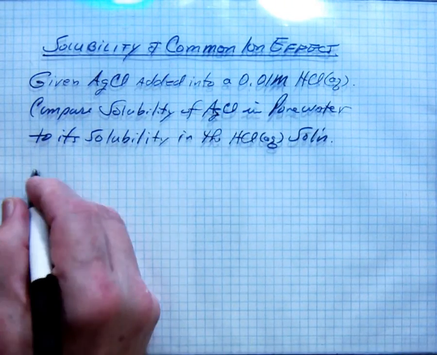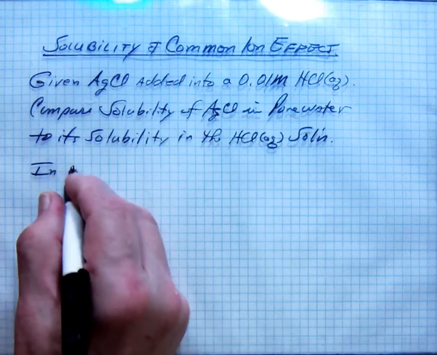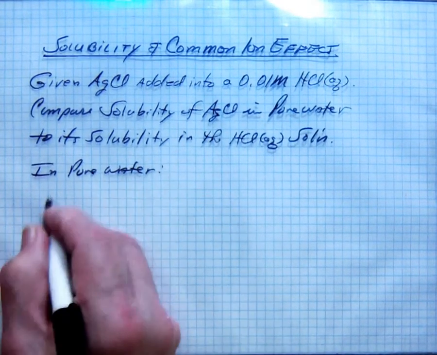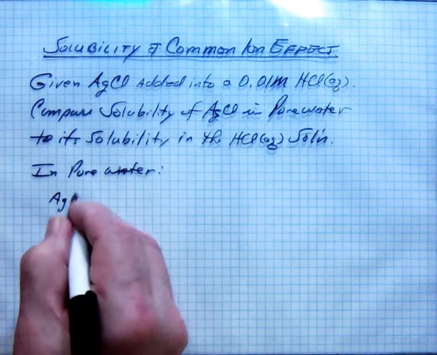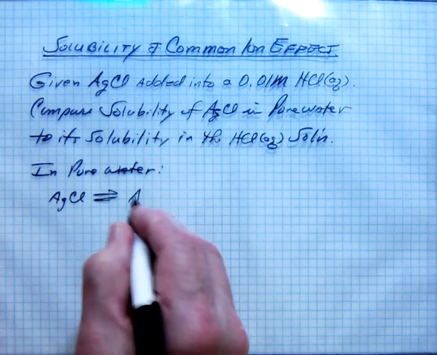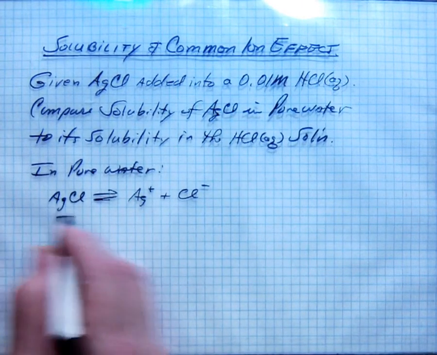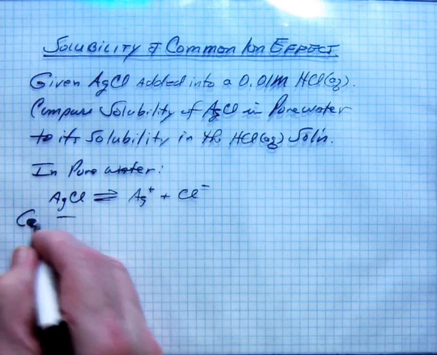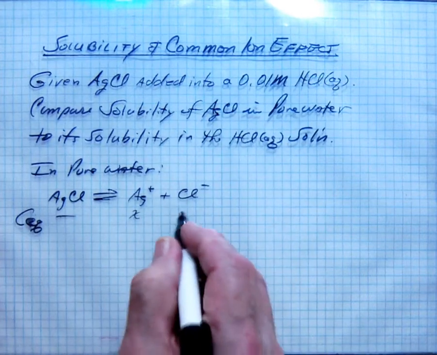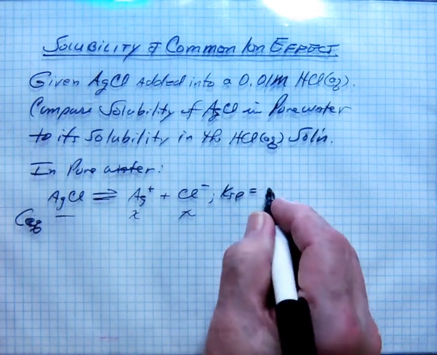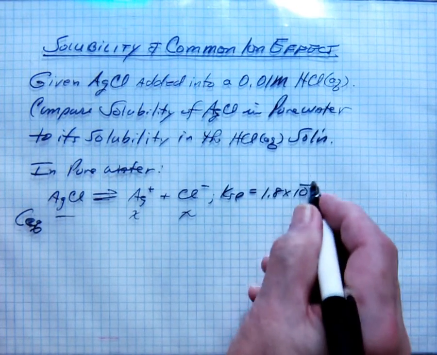Okay, in pure water, the silver chloride ionizes to silver and chloride, a 1-to-1. So at equilibrium, X and X, and KSP is equal to 1.8 times 10 to the minus 10.